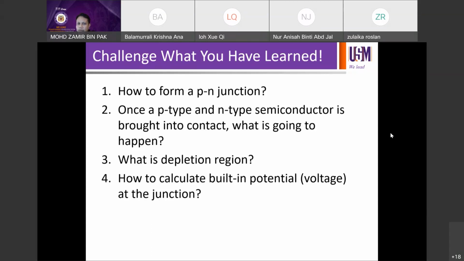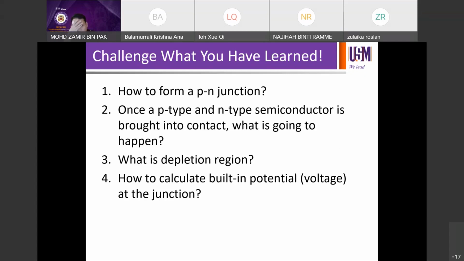How do you define that region? Najia? What is a depletion region? A space charge region.